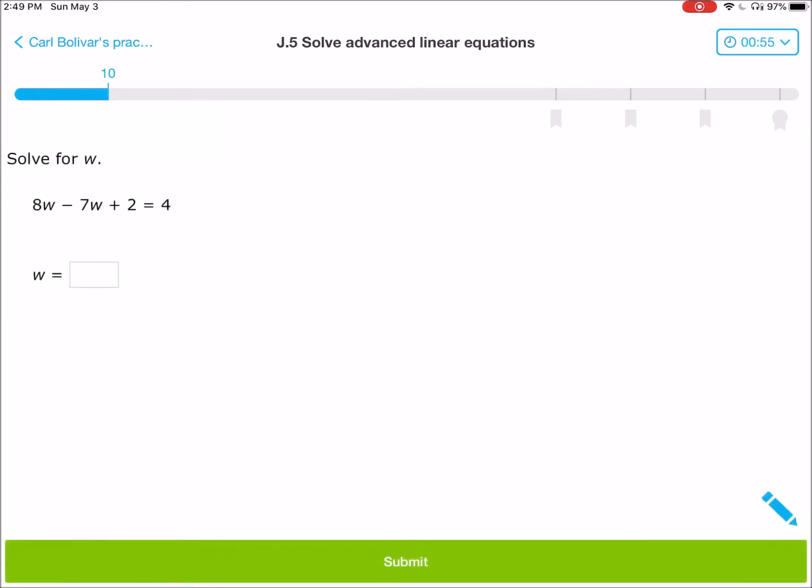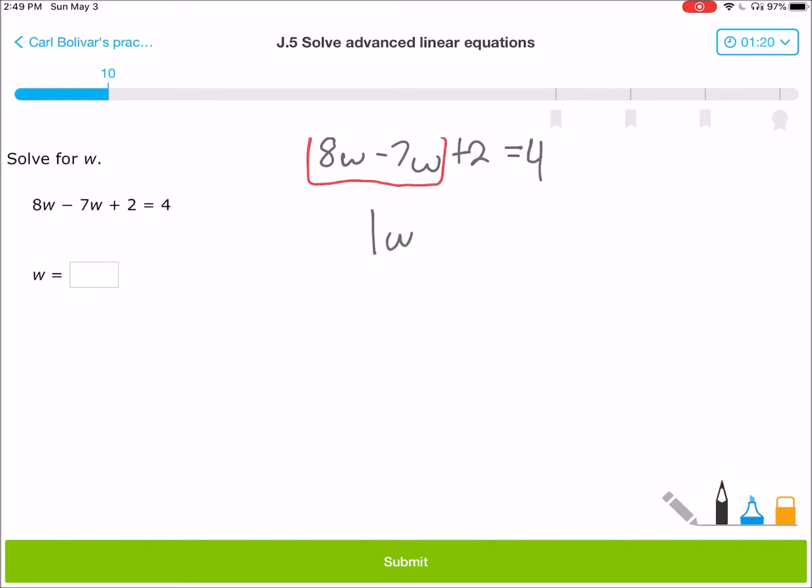Great. Alright, so now we have the next question. Let's write it out. 8w minus 7w plus 2 is equal to 4. What I'm going to do first is simplify these two variables here. 8 minus 7 is 1w. 1w plus 2 is equal to 4.